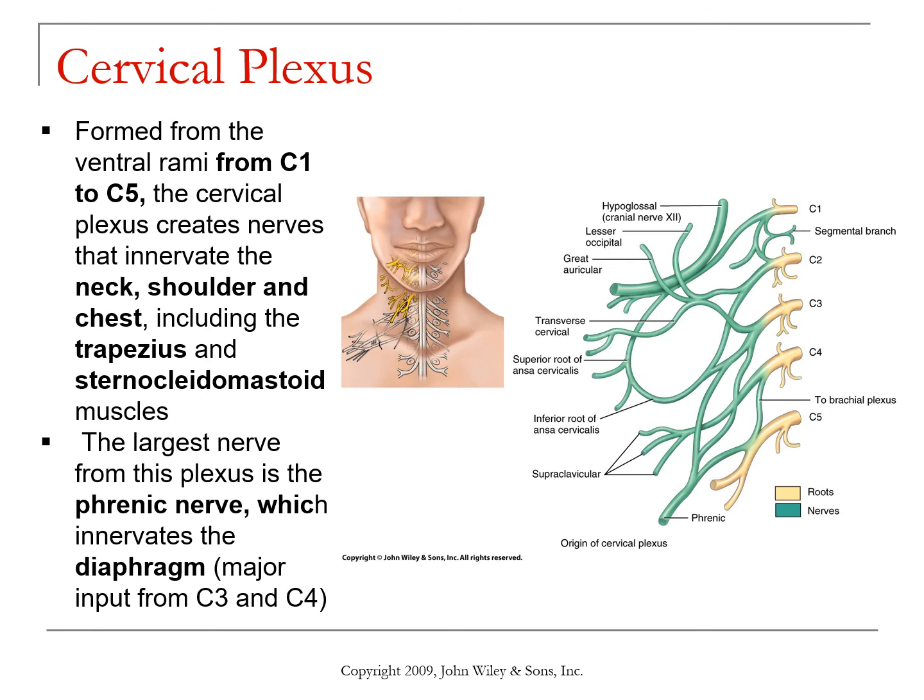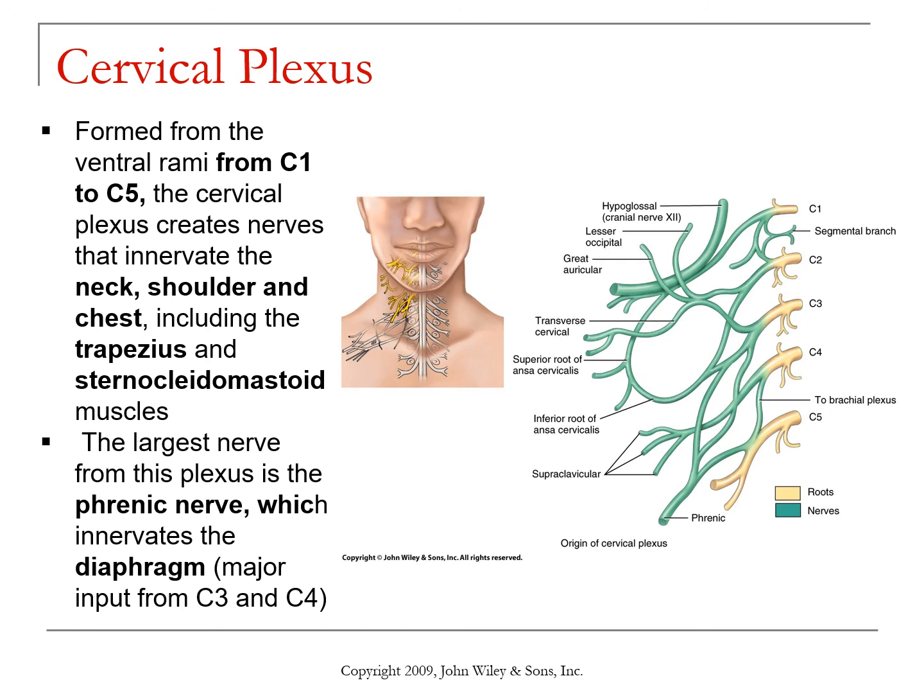The specific nerves that come out of this plexus innervate the neck, shoulder, and upper chest regions, and also send signals to the trapezius and sternocleidomastoid muscles of the neck. Those are the main muscles supplied by nerves from this plexus.